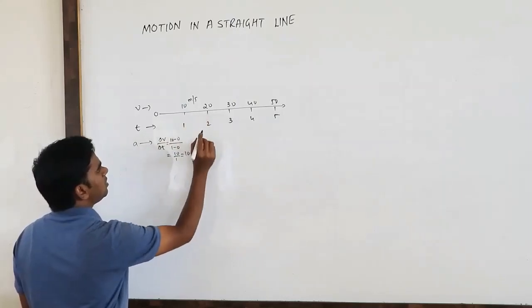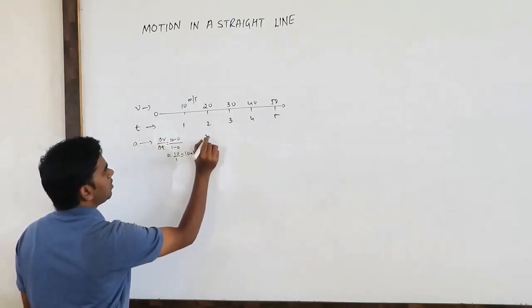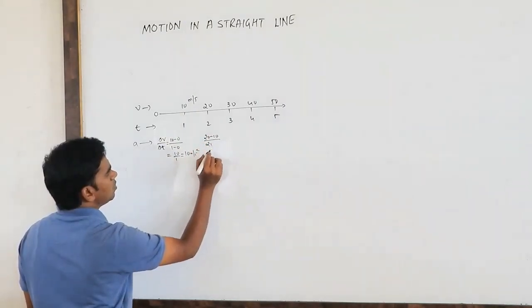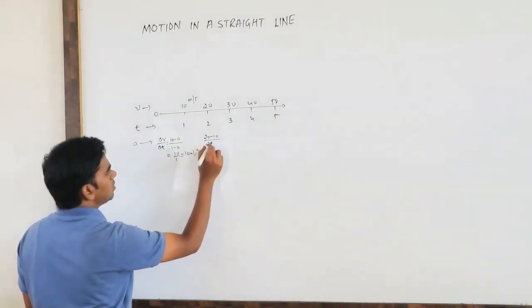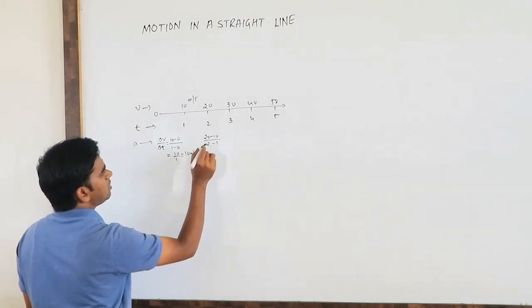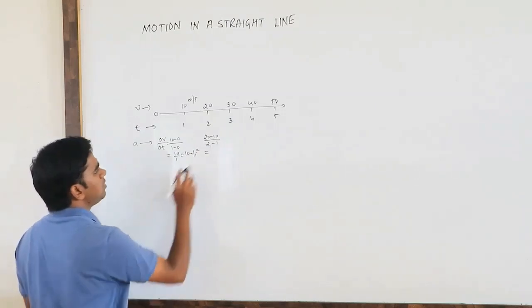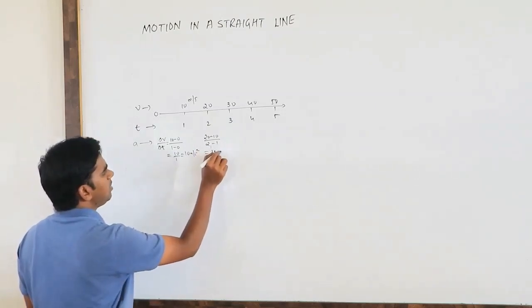Here it is 20 minus 10 divided by 2 minus 1, again you will get 10 meter per second squared.